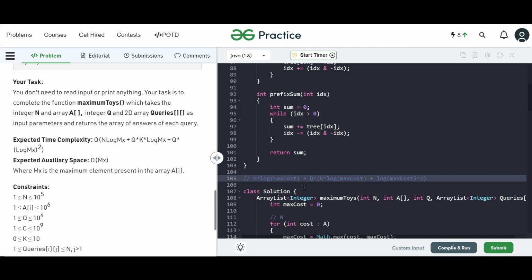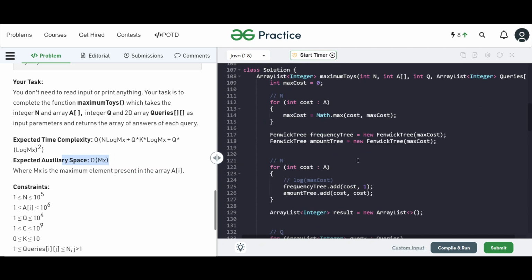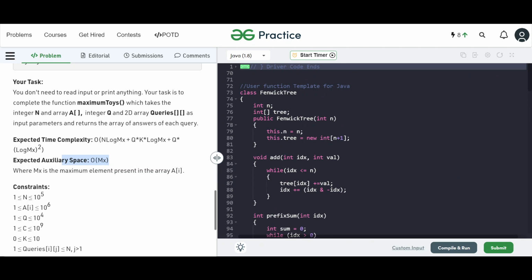So n log max cost plus q times k times log max cost plus q times log max cost squared. So it matches. And I leave it to you to figure out the space complexity of the solution. That's your homework. All right, so that's the approach. That's it.